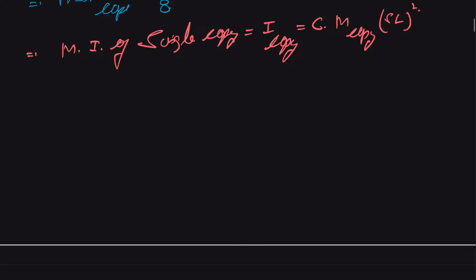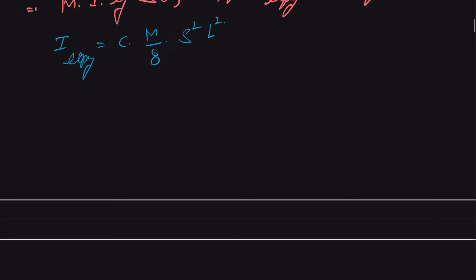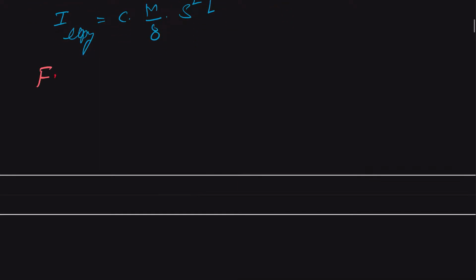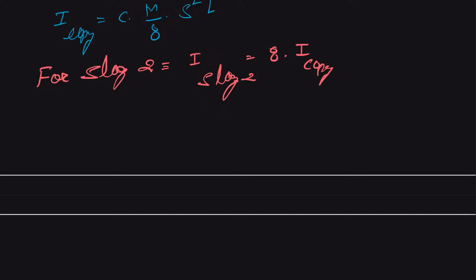And therefore we can just substitute the formulas. So we get I of copy equal to C M by 8, and this comes as S square and L square. Now we have our 8 copies, so for stage 2, its moment of inertia will be equal to 8 times the moment of inertia of a single copy.